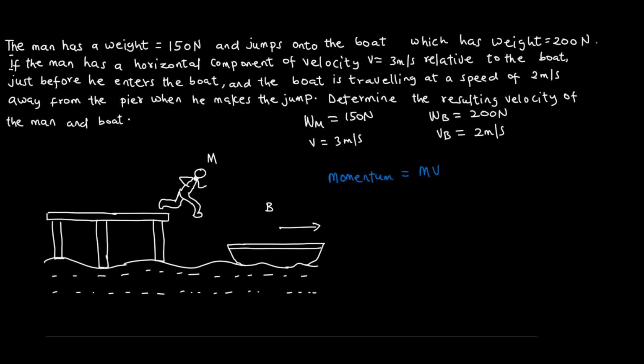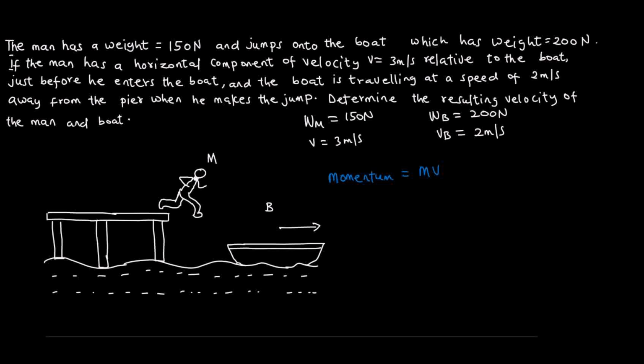With the knowledge we have now, let's go ahead and answer this question. From the data given to us, we know the velocity of the boat, and we know the velocity of the man relative to the boat, but we don't know the actual velocity of the man.